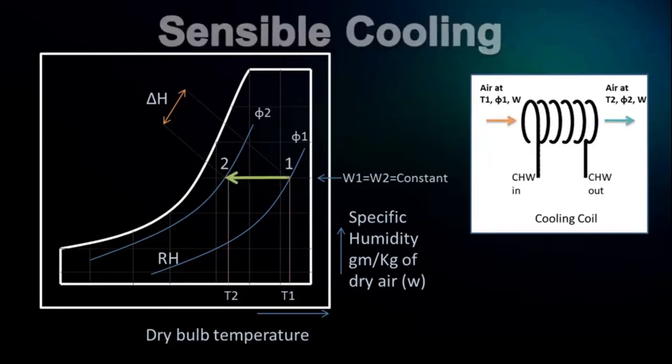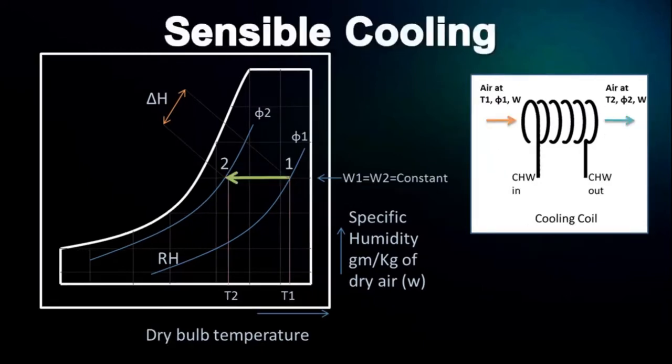Next, sensible cooling. It is decreasing the temperature of air only, without changing the specific humidity of air. It is simply the opposite of sensible heating. The process can be shown on the psychrometric chart from 1 to 2. It is a horizontal line directed towards the left. In the process of sensible cooling, the dry bulb temperature decreases from T1 to T2 and relative humidity increases from phi1 to phi2, but specific humidity is constant.